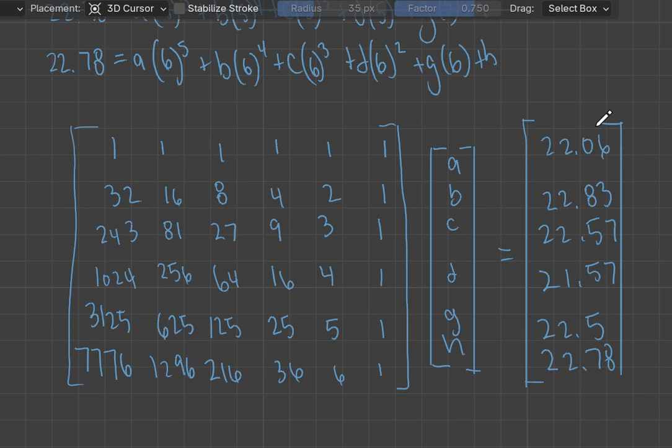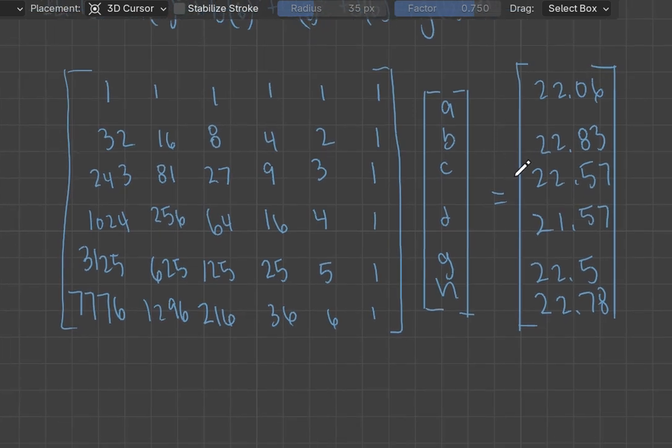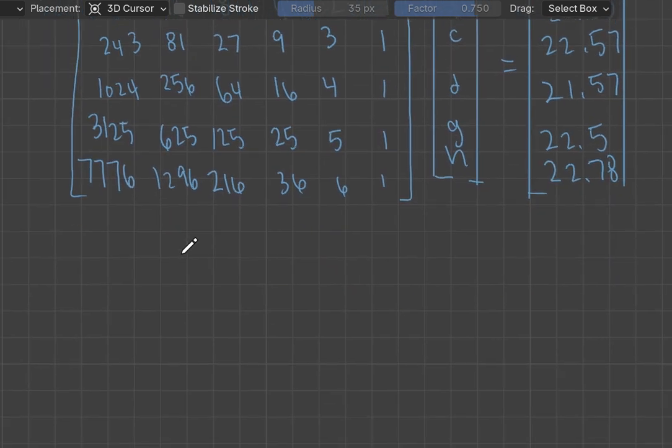But so what I want to do is use different tricks, because again, this is a matrix. This is a matrix. And this is a matrix. What I want to do is get this matrix into a form called an upper triangular matrix.